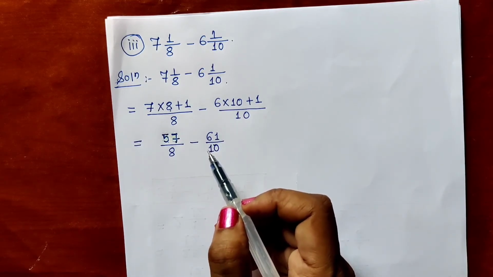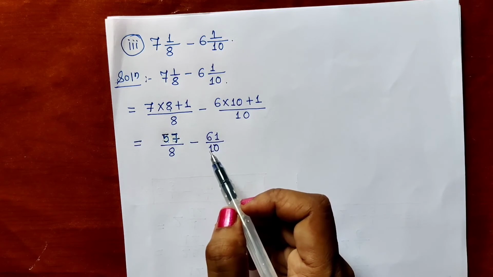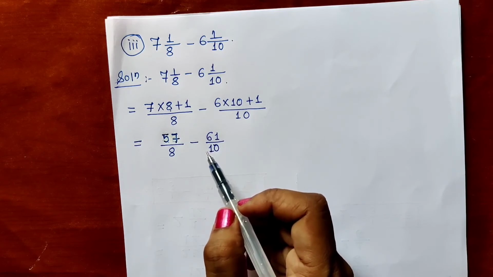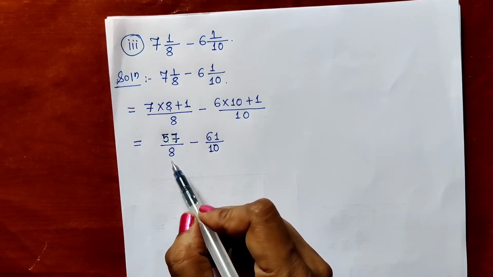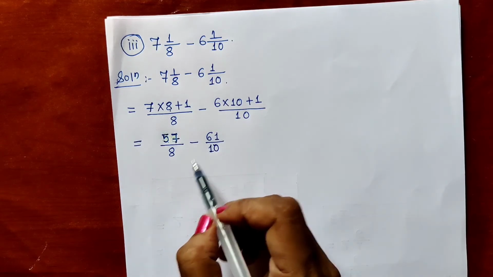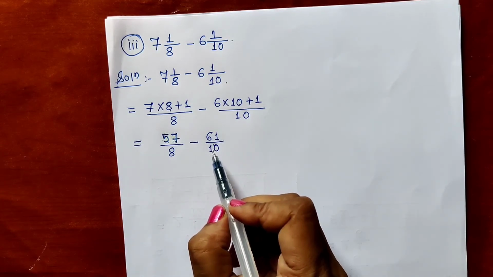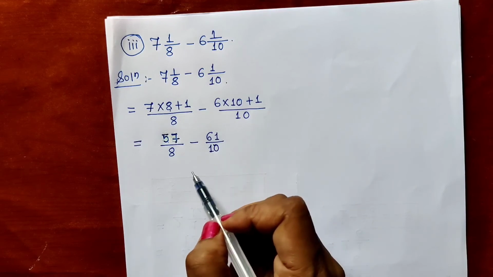It is not always compulsory. Sometimes you can multiply by other numbers also so that the denominators will be equal. Here if we multiply 8 by 5, we get 8 5s are 40. If you multiply 10 by 4, we get 10 4s are also 40.